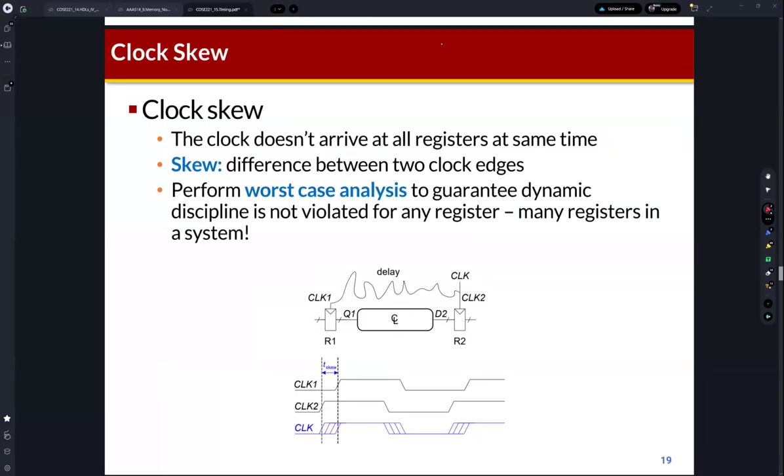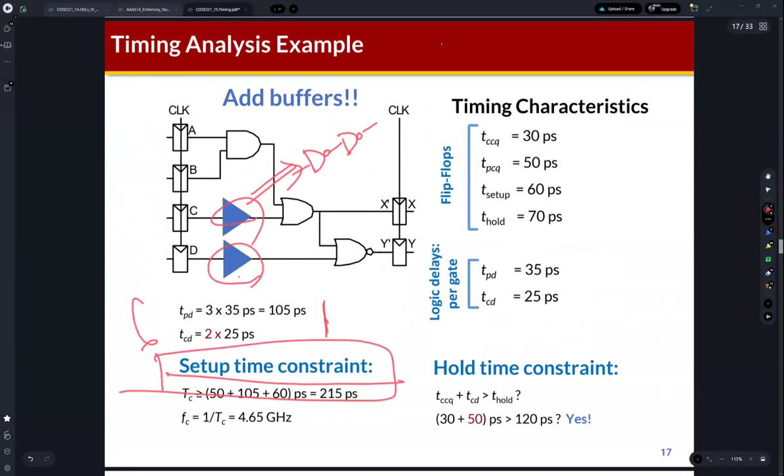I hope you can understand this timing constraint and timing characteristics of circuits. As I mentioned, this is not a simulation. This is the real implementation of a circuit, so when we implement the real physical system, this timing constraint needs to be considered.